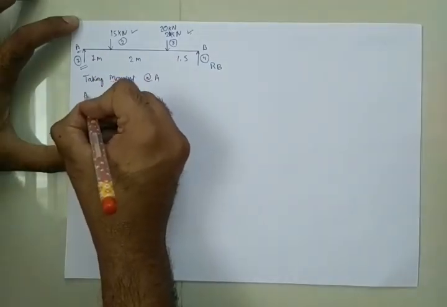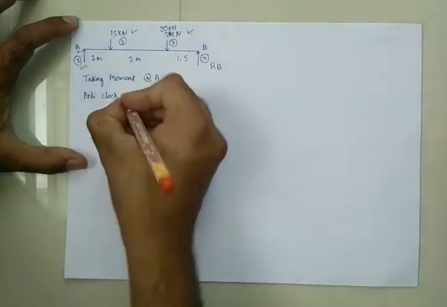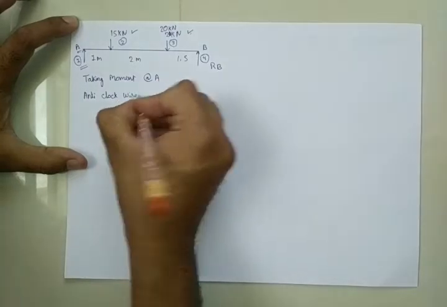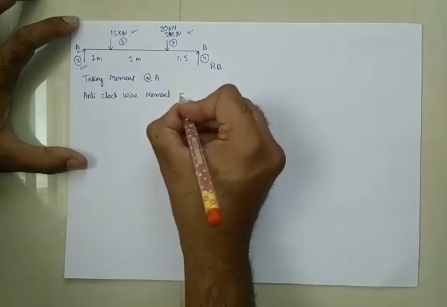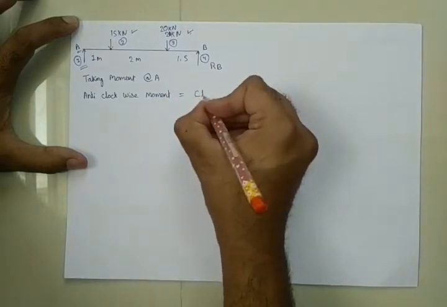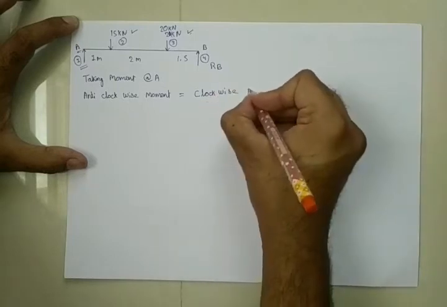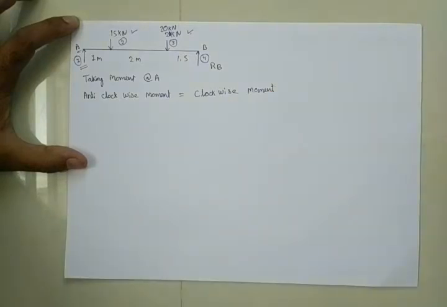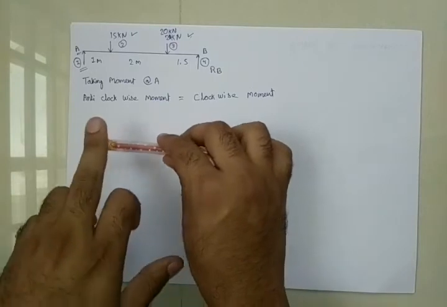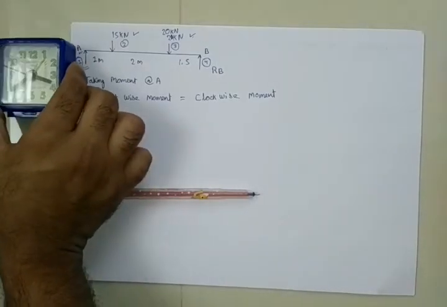So it is anti-clockwise moment is equal to clockwise moment. So it's quite easy. Now we will see with all the different loads what happens. Is it in a clockwise direction or in an anti-clockwise direction?